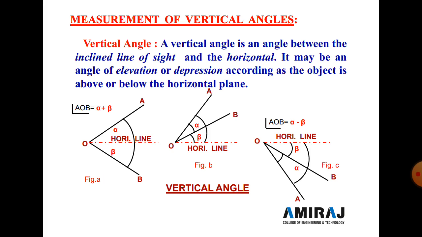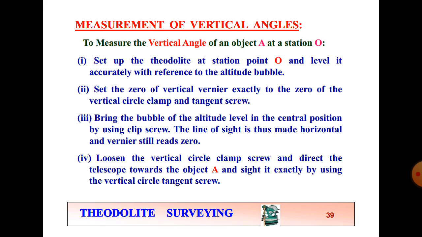So from the positive and negative you get the exact idea about the elevation and depression side of the object. Similarly, in the second case, both points A and B are above the horizontal line, so both angles are positive. And third, both angles are negative, so both are below the horizontal line of sight. So these are the three cases for vertical angles.